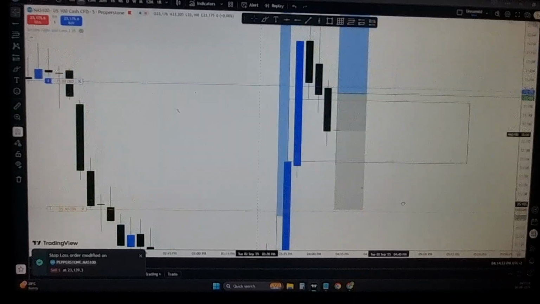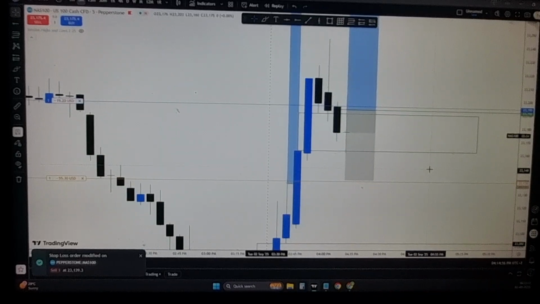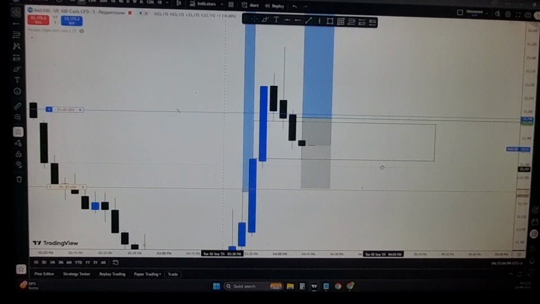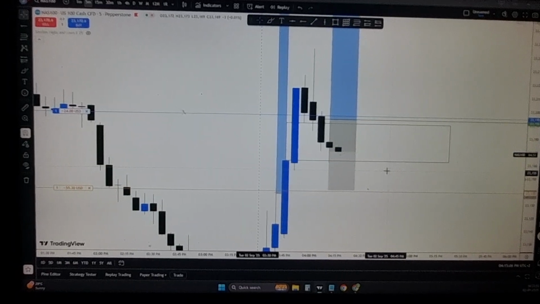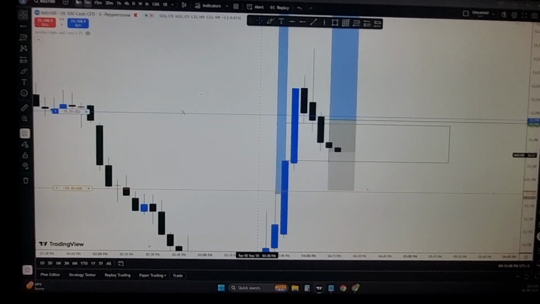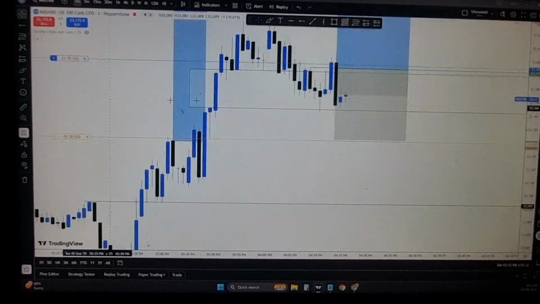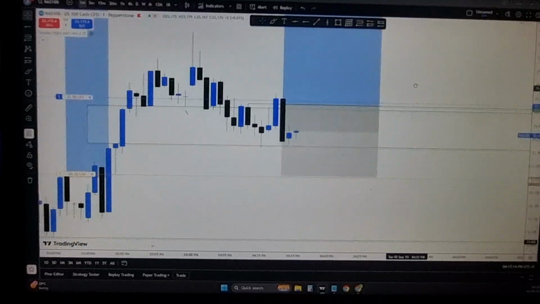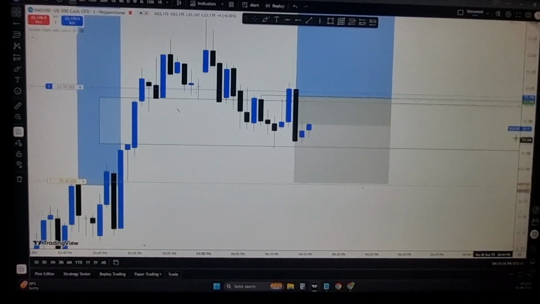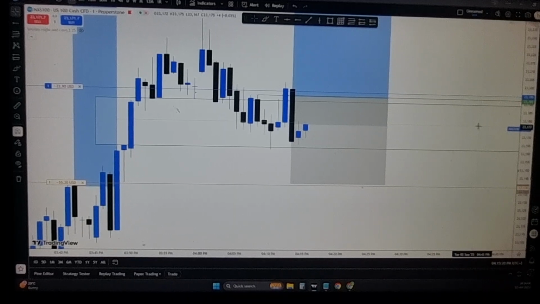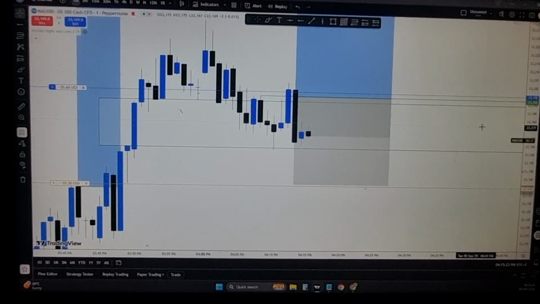Five more seconds. Are we gonna form a doji candle? Okay, semi doji. We are staying patient.